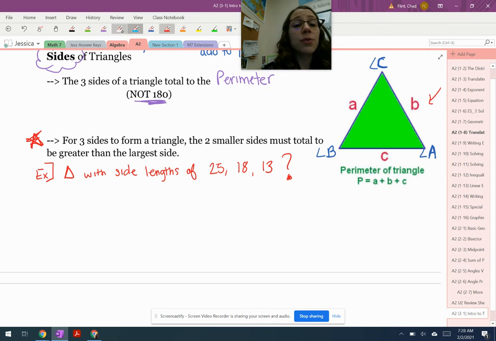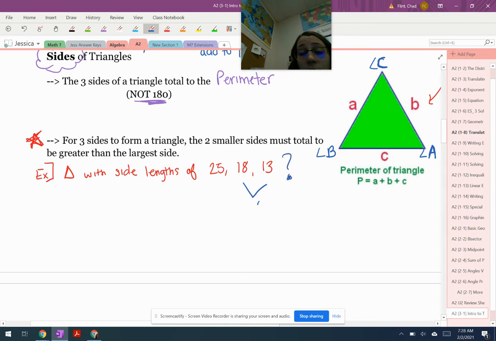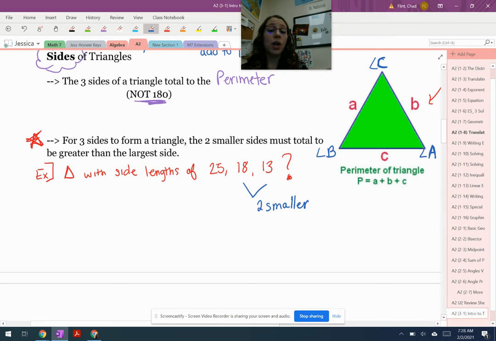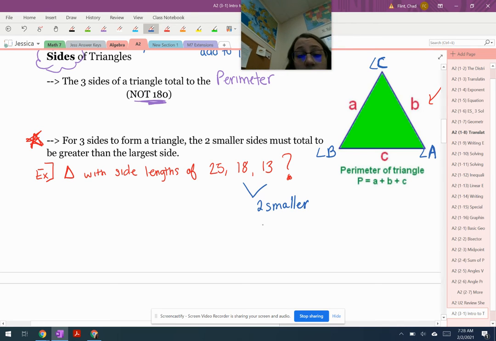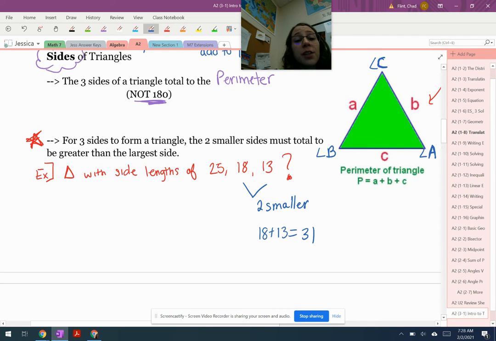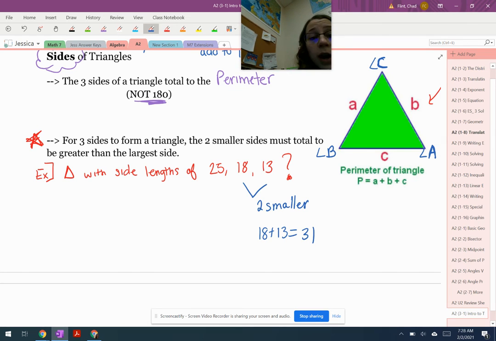Well, according to this property, for three sides to form a triangle, the two smaller sides, so these are the two smaller, right? You agree that 18 and 13 are smaller than 25. The two smaller sides must total, so when I add 18 and 13, that gets me 31, to be greater than the largest side. Well, 25 is the largest side.